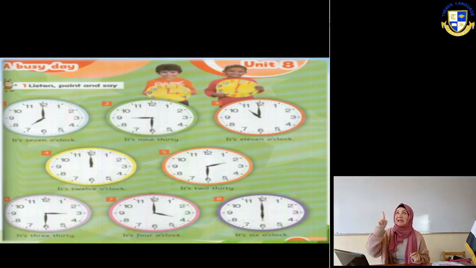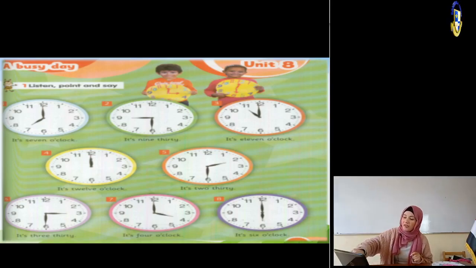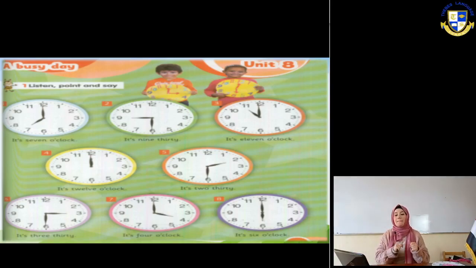When the long arm points to number 12, we say o'clock. So can you read here? For example, it's 3 and then o'clock. But when the long arm goes down to number 6, we say 30. It's 3:30.